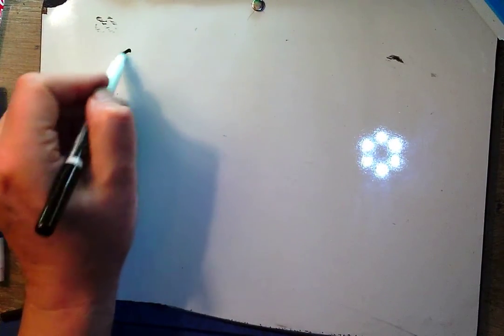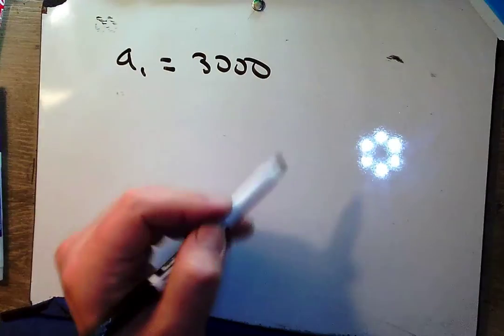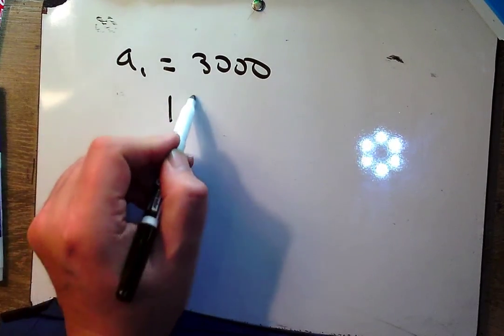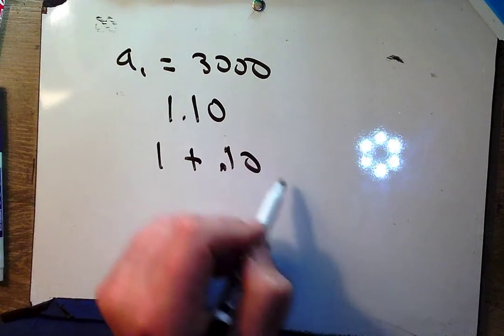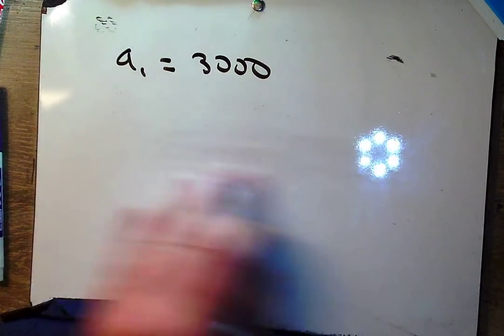Okay, number 15. A person made 30,000 during their first year. So a sub 1 is 30,000. Each year she received a 10% raise. So 1.10, right? Because I'm doing 1 plus 0.10, 10% each year.